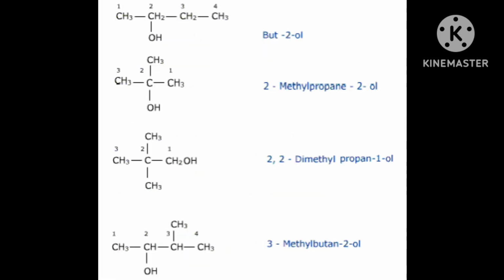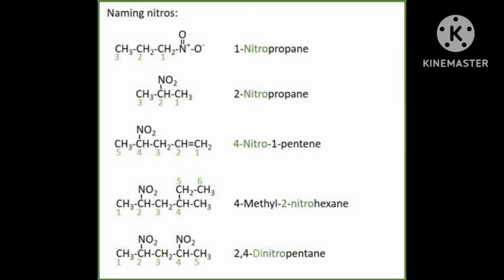Here you can see that the methyl group is a small group and it should get the lowest number. You attach the methyl group at the carbon which gets the lowest carbon number.